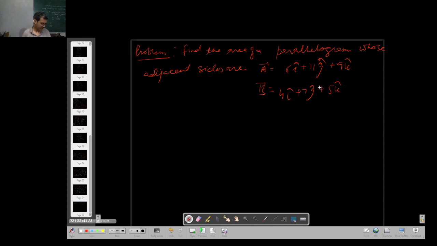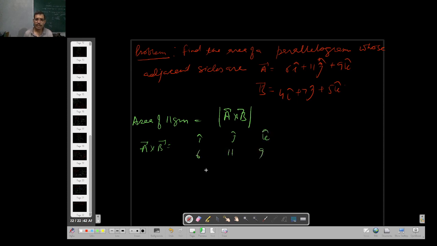Now, as I discussed in that lecture, the area of a parallelogram is equal to the magnitude of A cross B. So let us first find A cross B. It is i cap, j cap and k cap, and let's put their values 6, 11 and 9, 4, 7 and 5, and try to find this determinant.